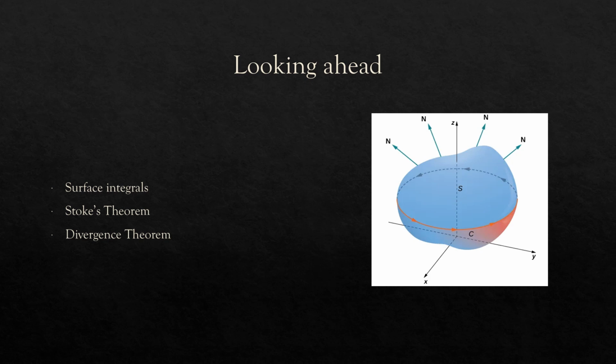So divergence and curl of a three-dimensional vector field is the last topic in our class. This is a nice place to stop, as it sets the stage for the 3 topics that we are not going to cover in this class. Okay, surface integrals, Stokes' theorem, and the divergence theorem.